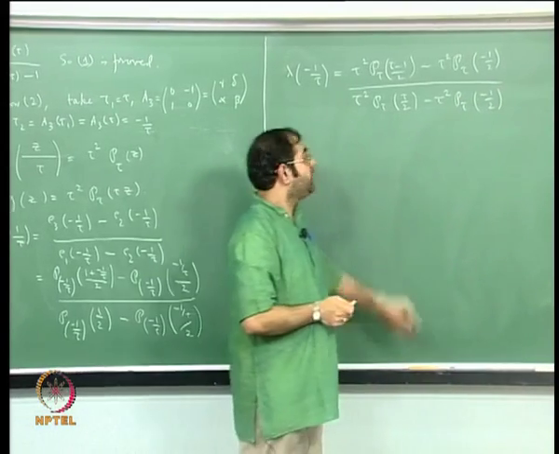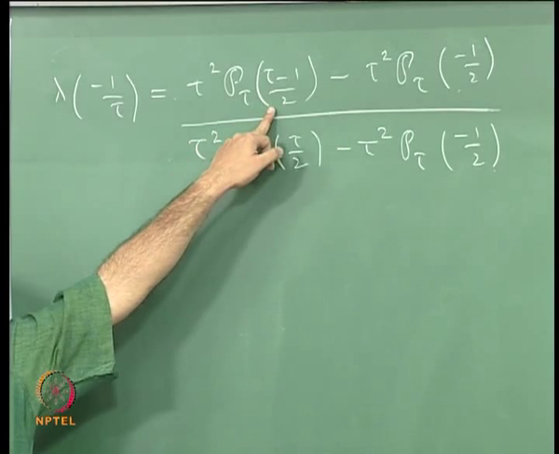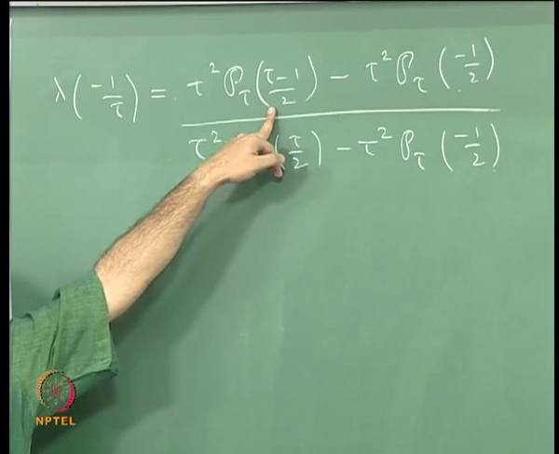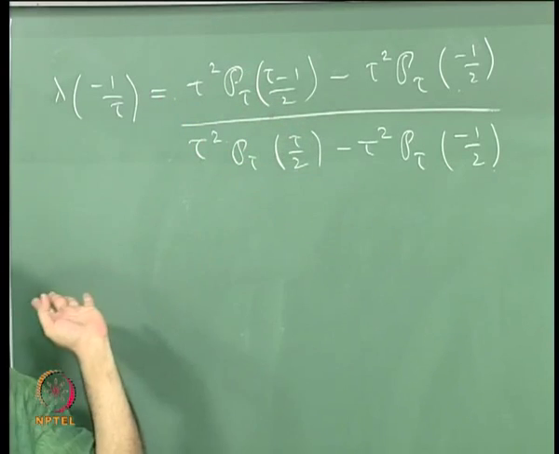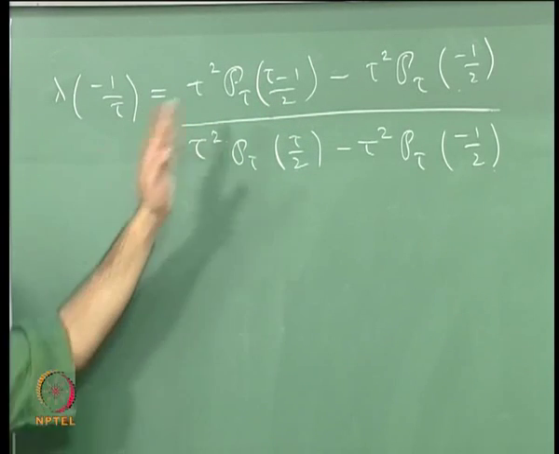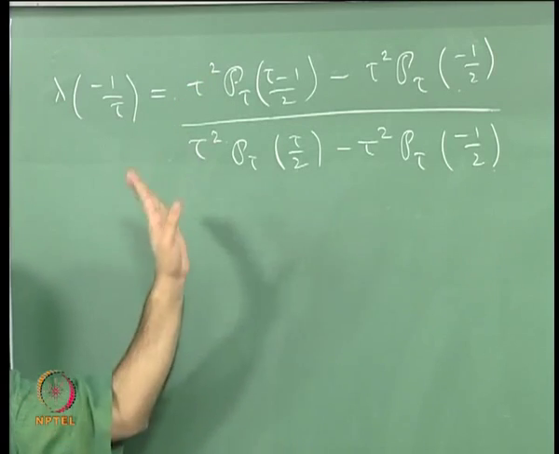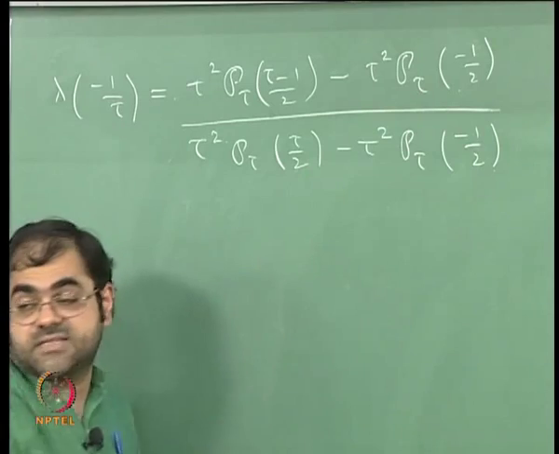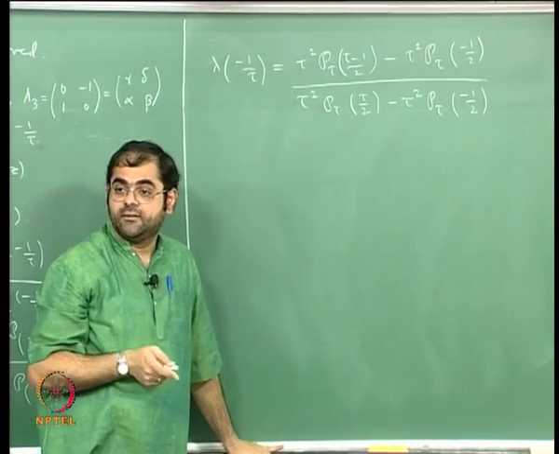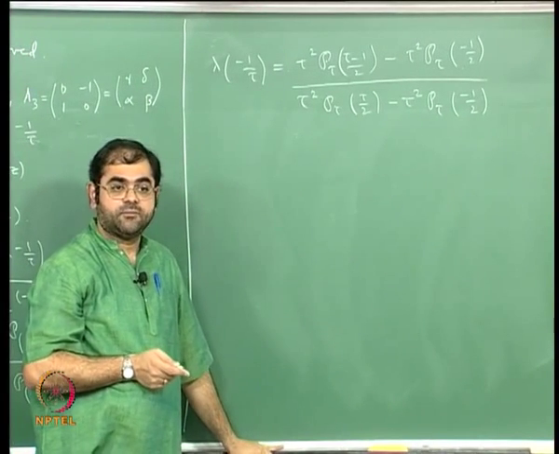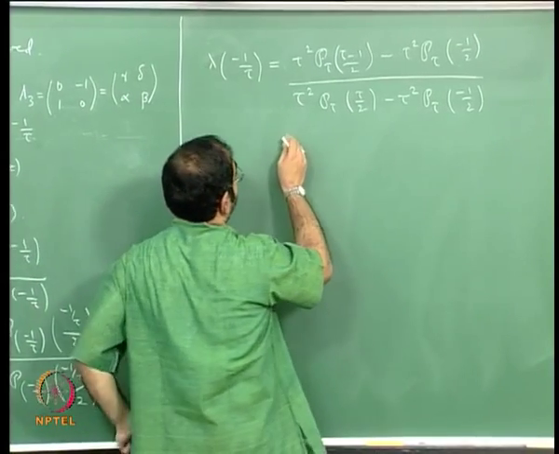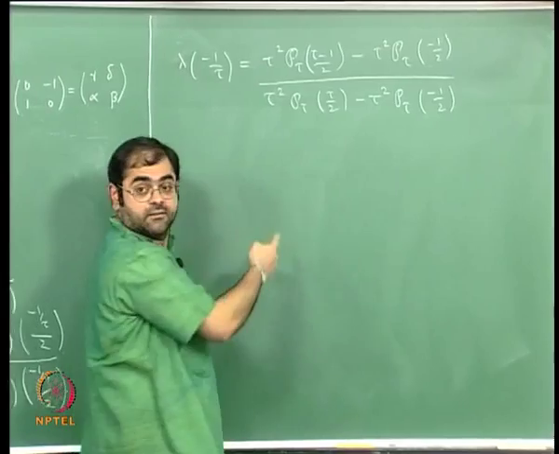Okay, and then you have to remember that I can add 1 to this, and this becomes P tau of 1 plus tau by 2, which is E3 of tau. Of course the tau squares will cancel throughout, you can take tau squared common in numerator and denominator, that will just go away, and P tau of minus half is the same as P tau of half because I can add 1, and it is periodic with period 1, and P tau of half is E1. And P tau of tau by 2 is anyway E2.